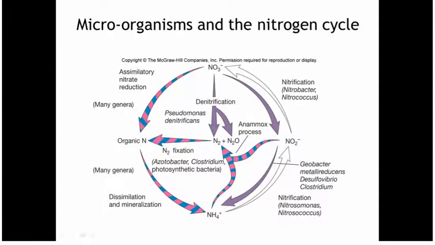And the last thing that exists here is this weird thing where there are some bacteria which can combine ammonium and nitrite to produce nitrogen gas. This is called the Anammox process, which stands for anaerobic ammonium oxidation.